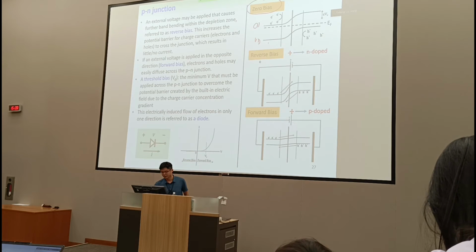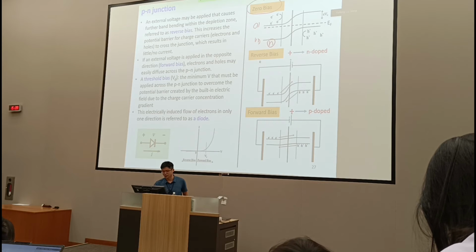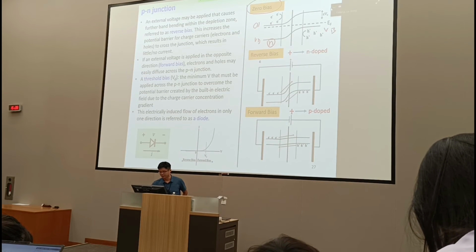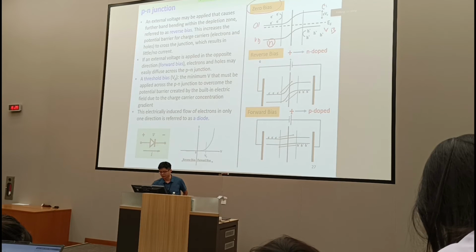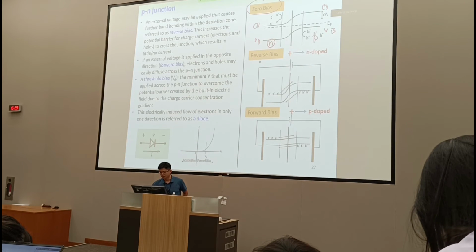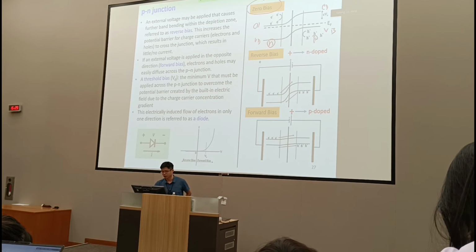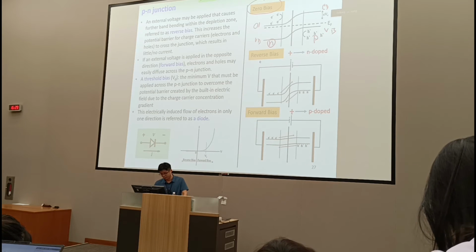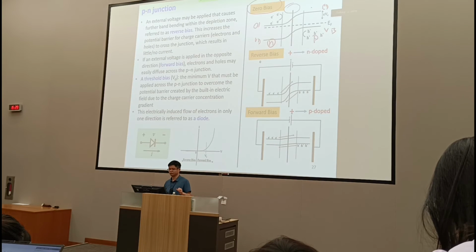In this case, this is the n-type region, so the Fermi energy is close to the conduction band. This is the p-doped region, with a lot of positive charge holes. So that creates a space charge region and a built-in electric field in this depletion region, right?